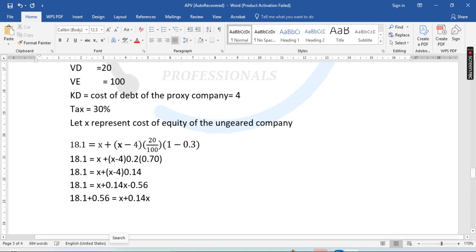So I think that x should be 1x. 18.1 plus 0.56 equals... Wait, I'm coming. Did I open this bracket well? 0.14 times this, we have 0.14 times 4.